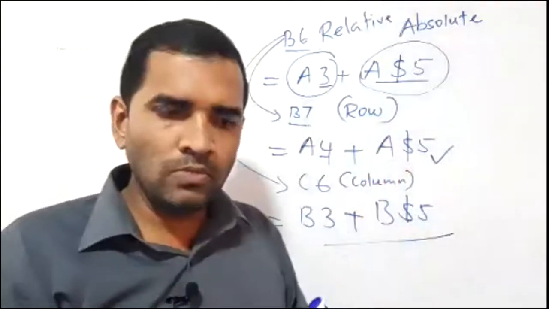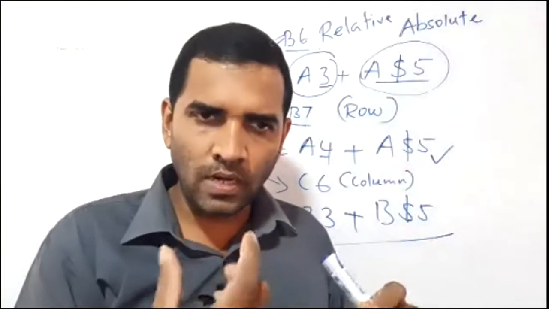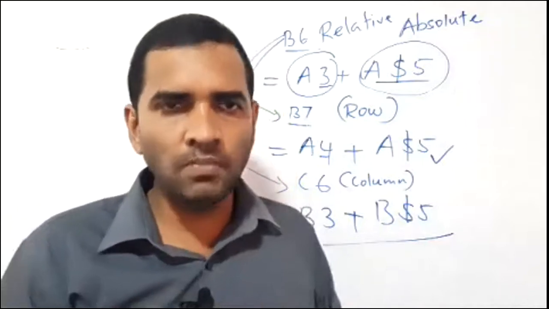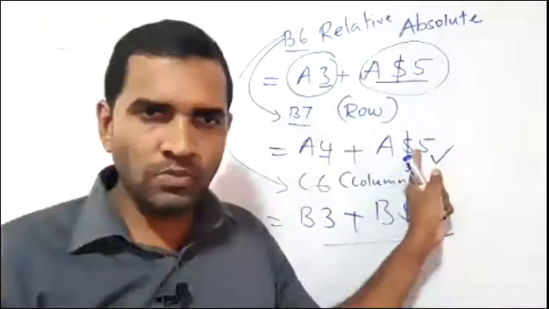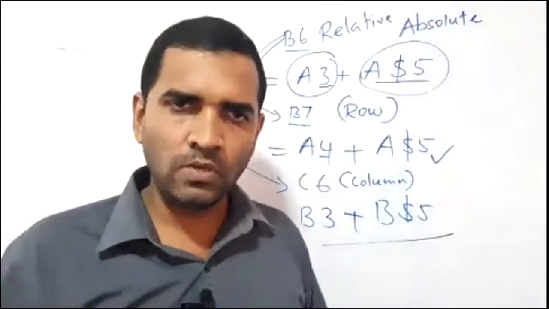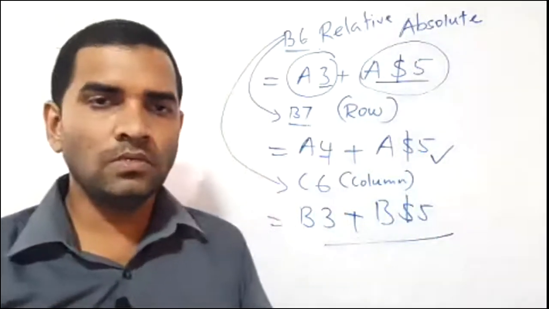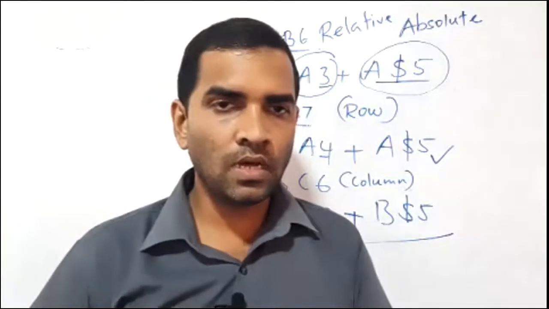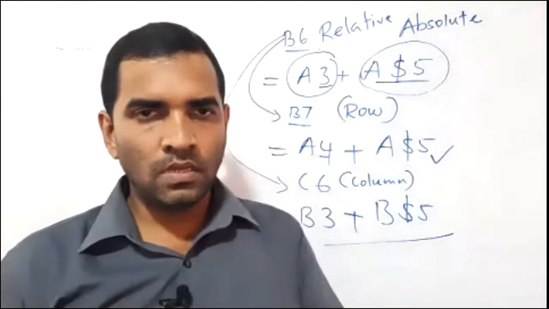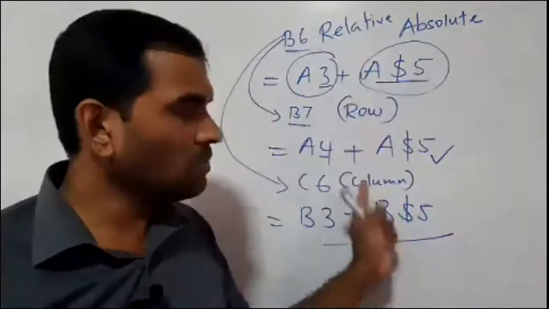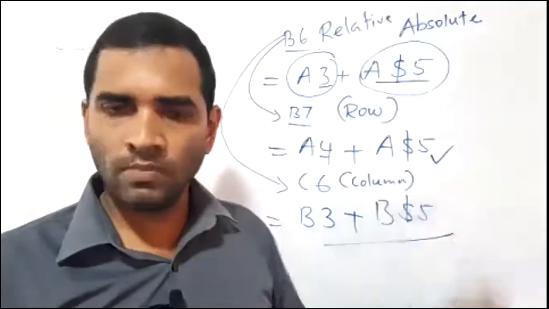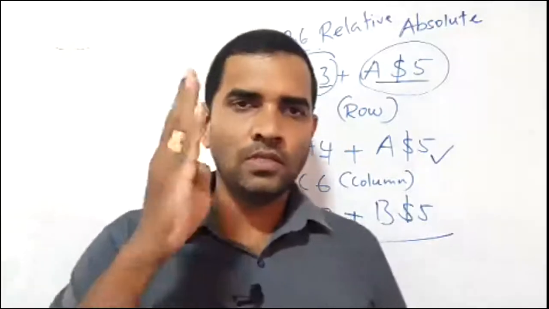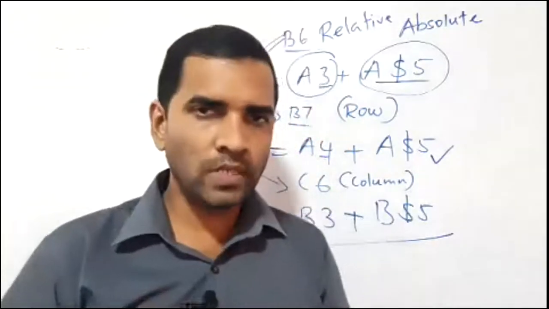So if you are able to keep one component permanent, then it is absolute. Here in this instance, you are able to prevent the change in the row. So that is more than enough to get an absolute cell address. But here, yes, the column can be changed. So I come to the point: there are three types of absolute cell addresses.